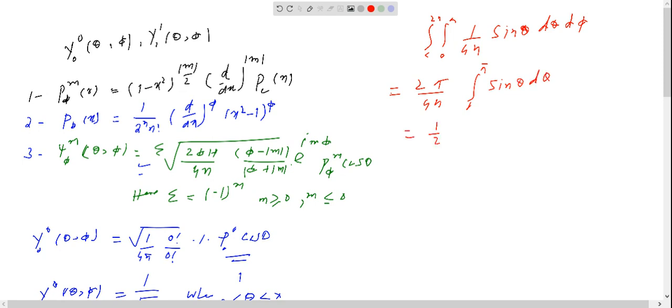Integrating, we get 1 out of 2 into minus cos theta from 0 to pi.